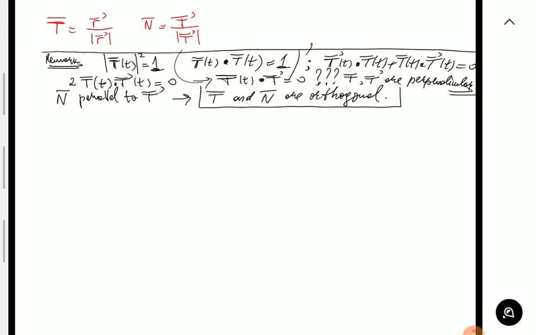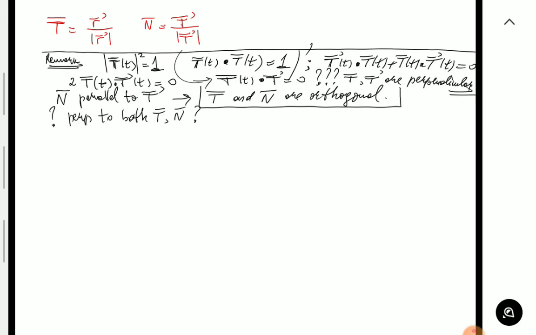So that leads us to the concept of a frame of reference that is basically local or centralized to the point in motion, with the origin at the point in motion. And to make it a true three-dimensional coordinate system, we need a third vector perpendicular to all of these. So we have T and N perpendicular to each other. How do we create another vector perpendicular to both T and N?